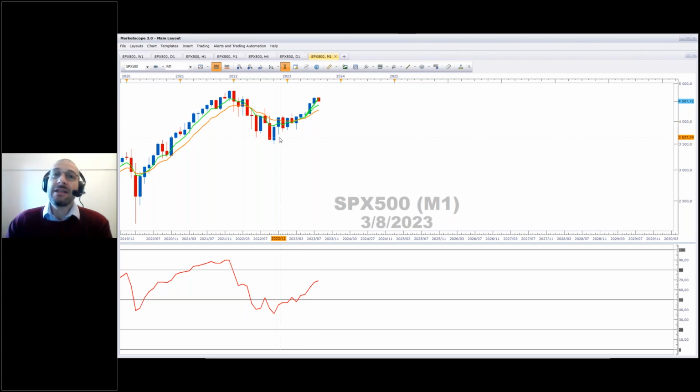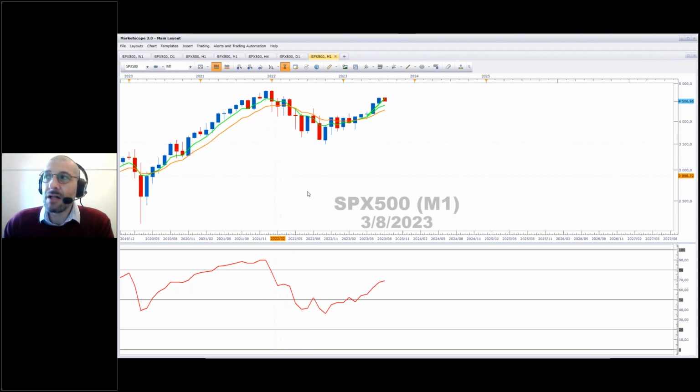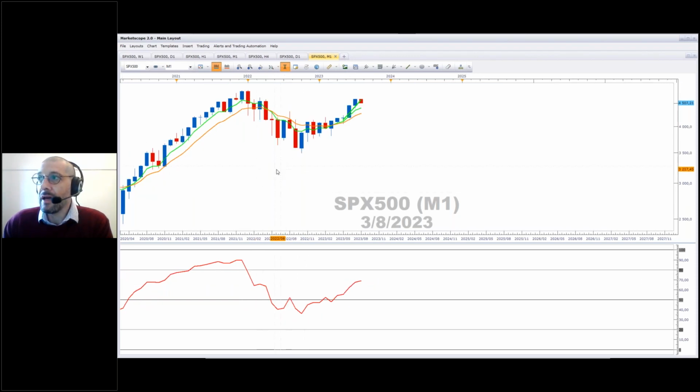By the way, the technical definition of a bull market is 20% off of the bottom, off of a low. That's been met. There's multiple ways of defining the bull trend.